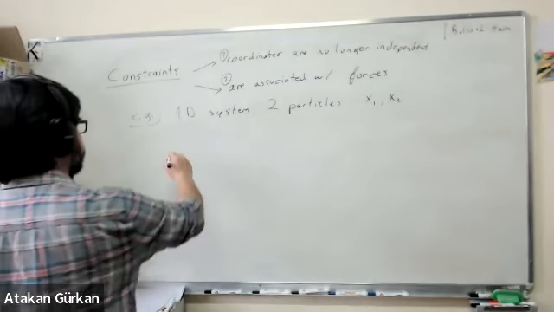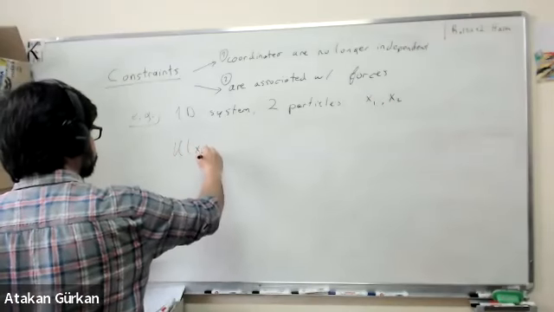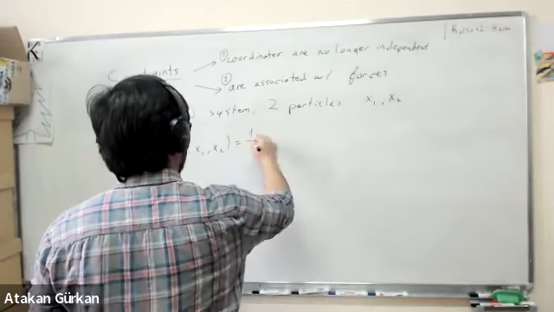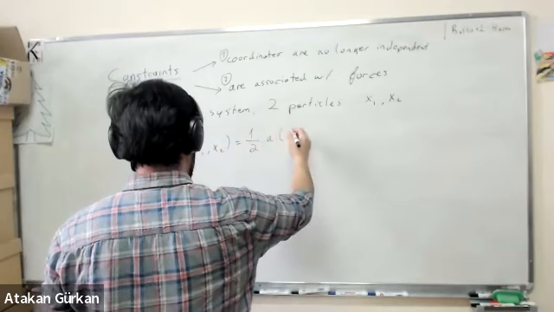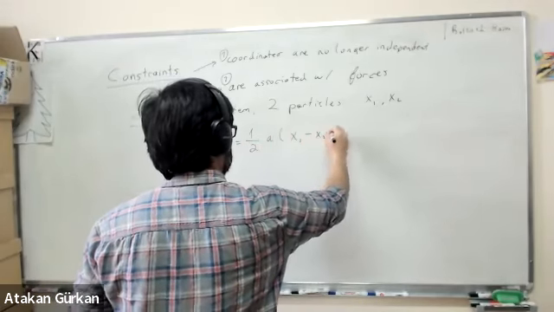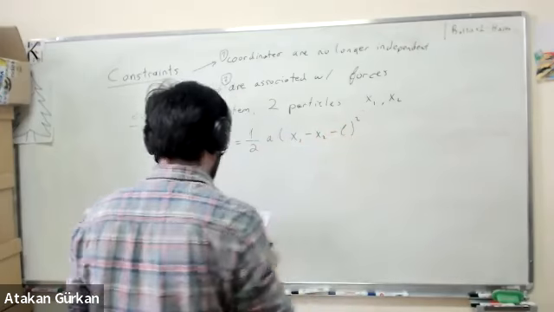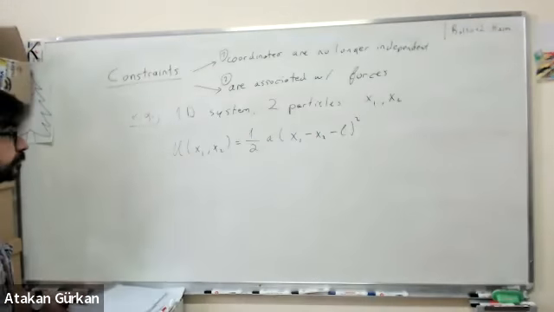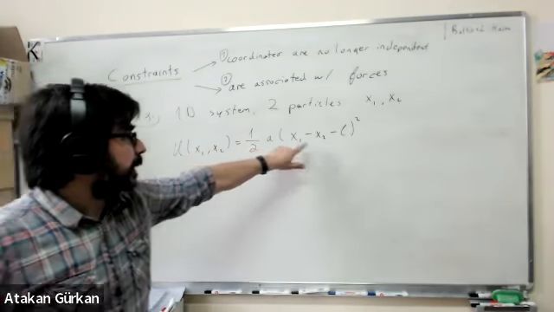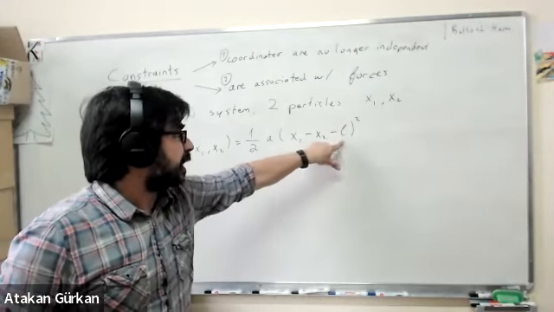Now I'm going to have a potential V(x1, x2), and this is going to have this form: a half A, and in parentheses, x1 minus x2 minus L, squared. Can you read this?